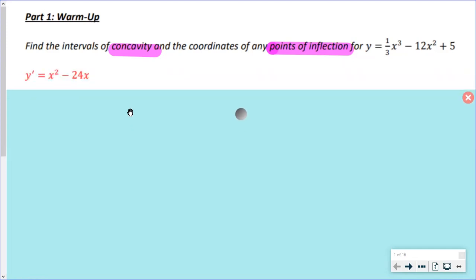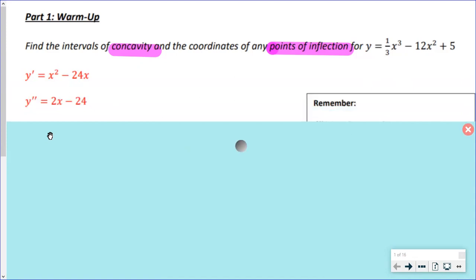Well, first of all, I need to take this cubic function and apply the power rule in order to get a quadratic function as my first derivative.